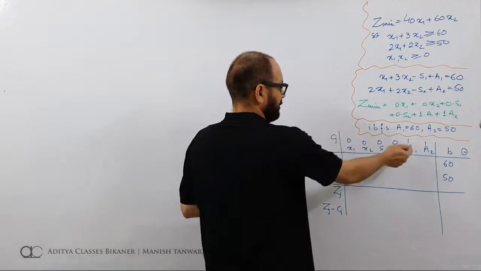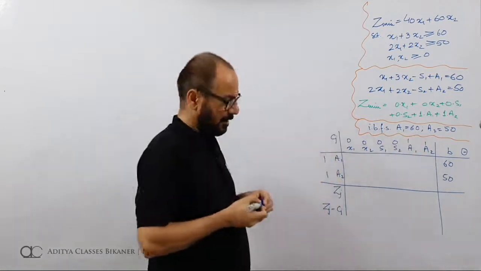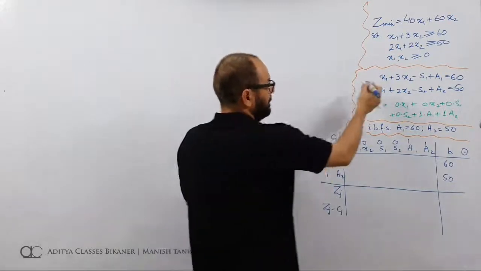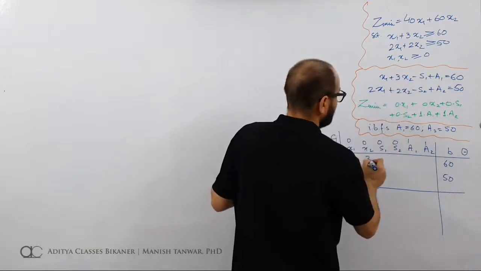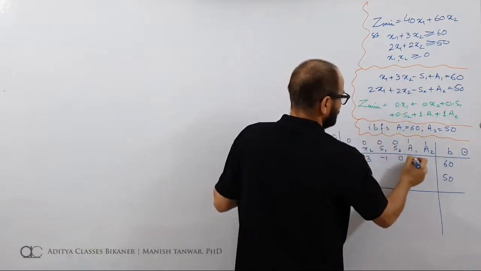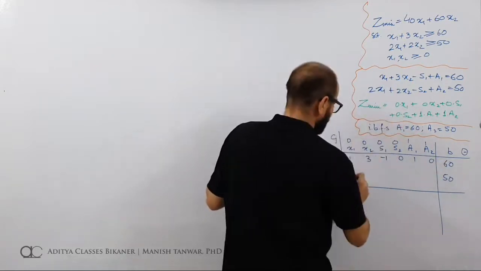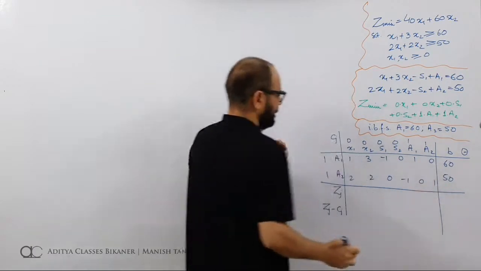What are contributions of A1 and A2? 1 and 1. Now, can we fill in these equations? Let me fill in these equations over here. We have 1, 3, minus 1, 0, 1 and 0. Then we have 2, 2, 0, minus 1, 0 and 1.